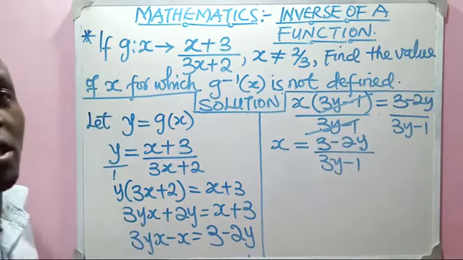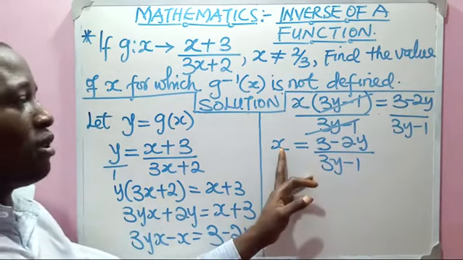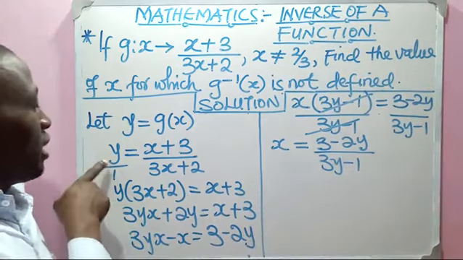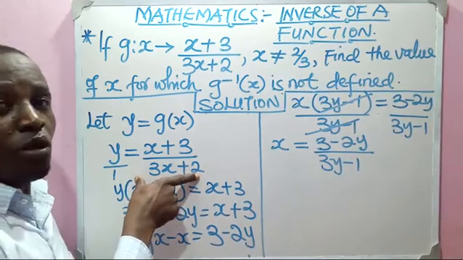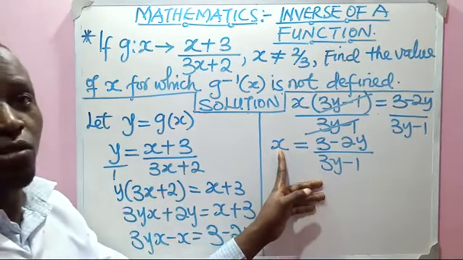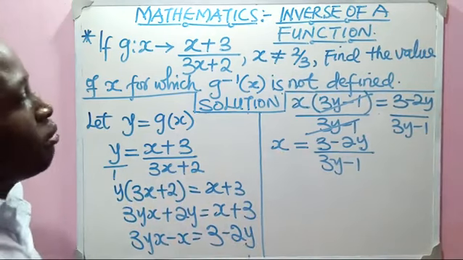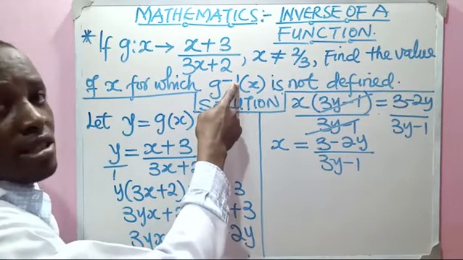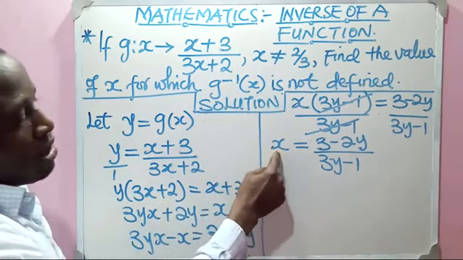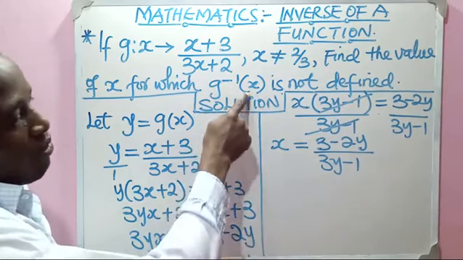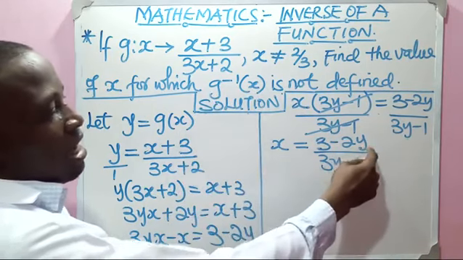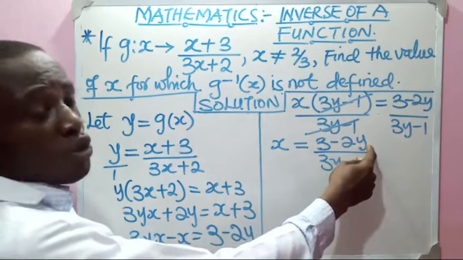So as it stands now, I have successfully made x the subject of formula. Initially here, y was the subject of formula, but here, x is now the subject of formula. Now, for me to get g inverse of x, I am going to replace this x by g inverse of x. It means as I'm bringing this g inverse here, this letter y will change to x.